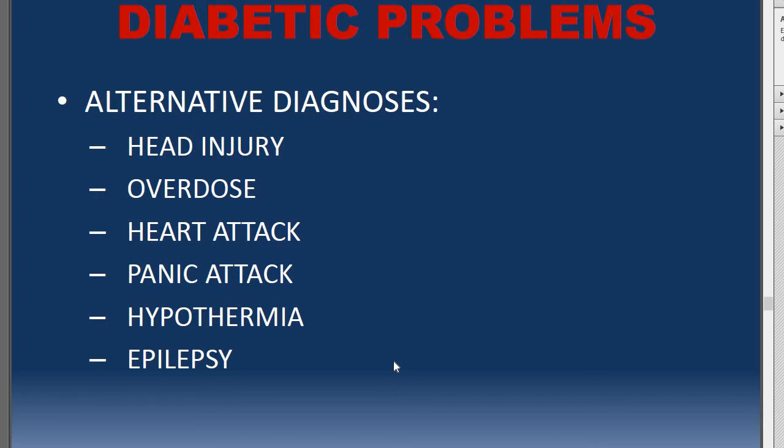But obviously it muddies the waters, because a reduced conscious level isn't specific for low blood sugar. There's other things that cause it: a head injury, a bleed in the brain where the brain is suppressed and isn't working properly, or an overdose from a drug like morphine that suppresses their conscious level.